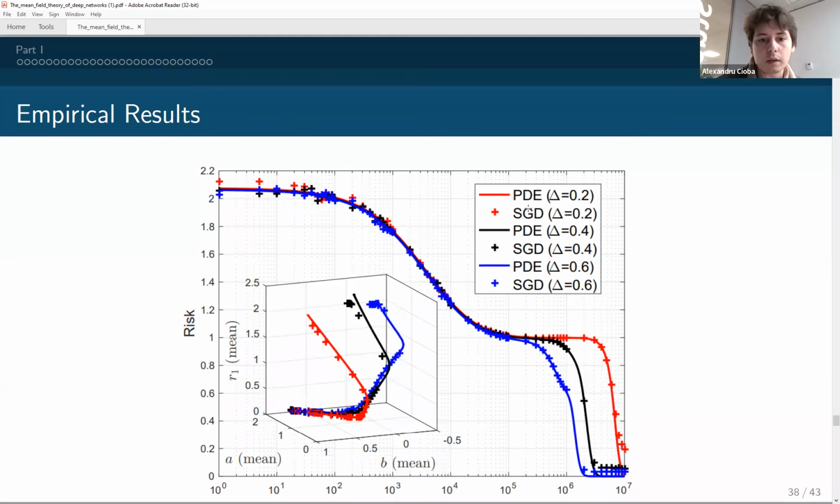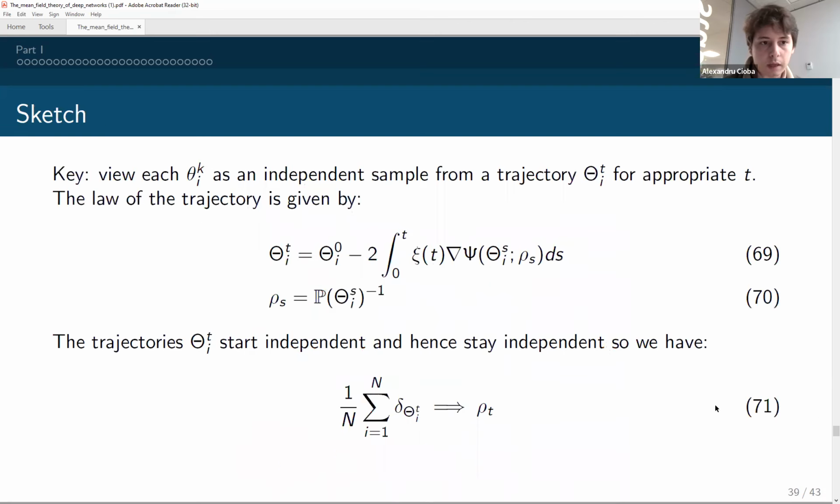And again, the predicted distributional dynamics and the SGD stay fairly close for all times, with a uniform choice of the step size epsilon and the number of neurons.